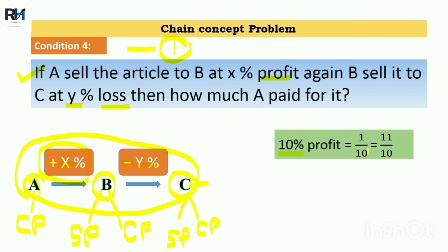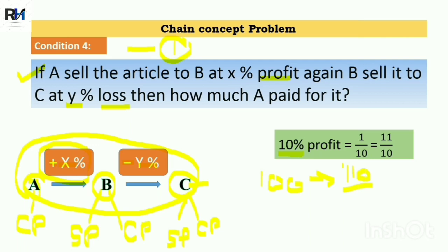So whenever A sells the article to B at 10% profit, we have to remember our initial condition, that the CP of A is 100. Now he is selling the article at 10% profit, so we add 10 to 100 and it becomes 110.